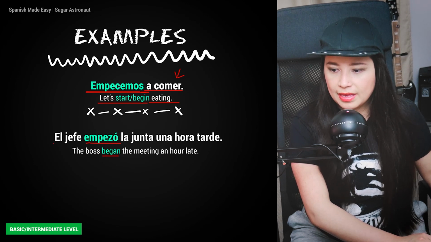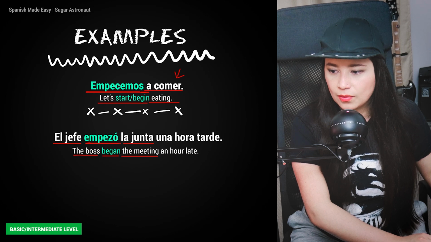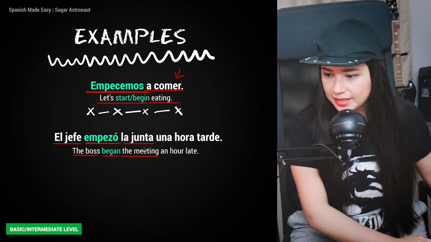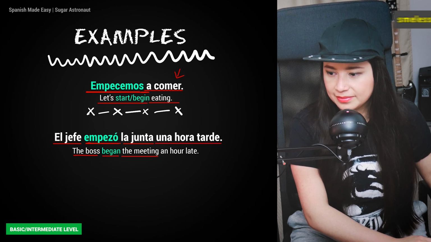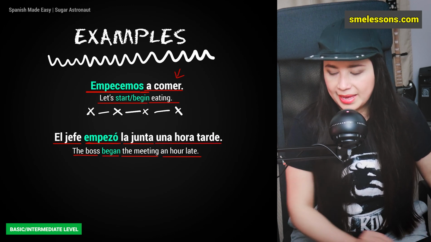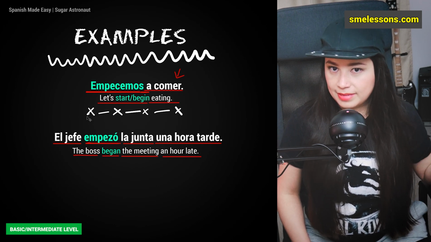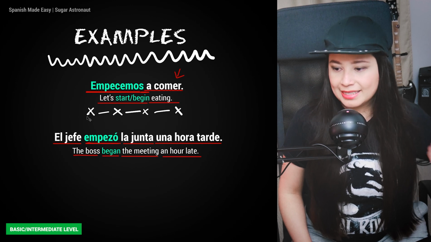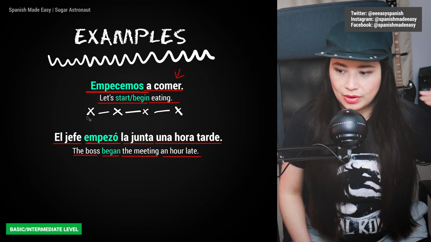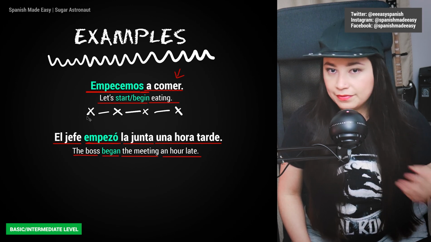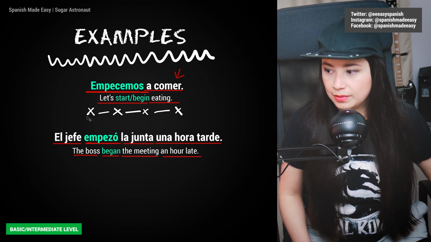El jefe, the boss, began, empezó, la junta, the meeting, 1 hora tarde, an hour late. Okay, so that's another way to use empezar. When something begins, like a meeting or, I don't know, an event or something like that as well.